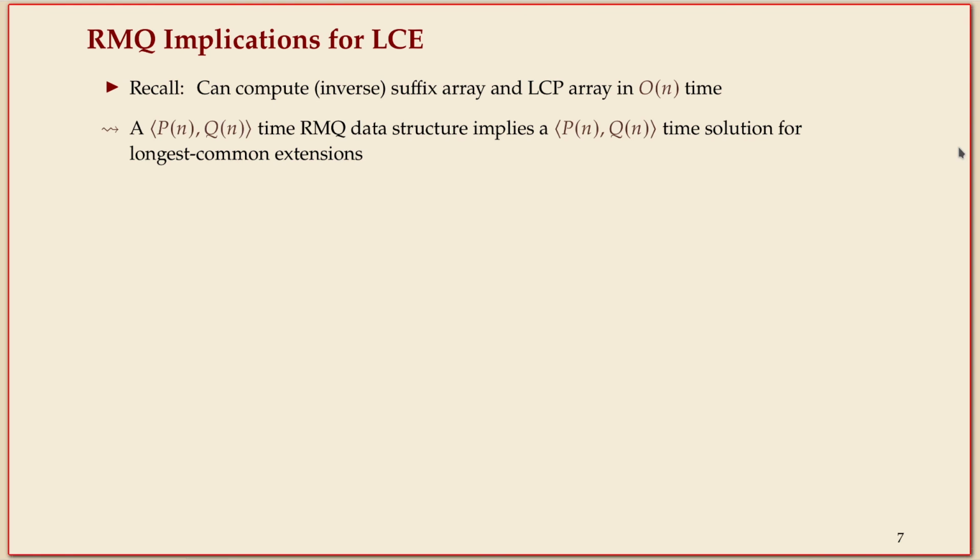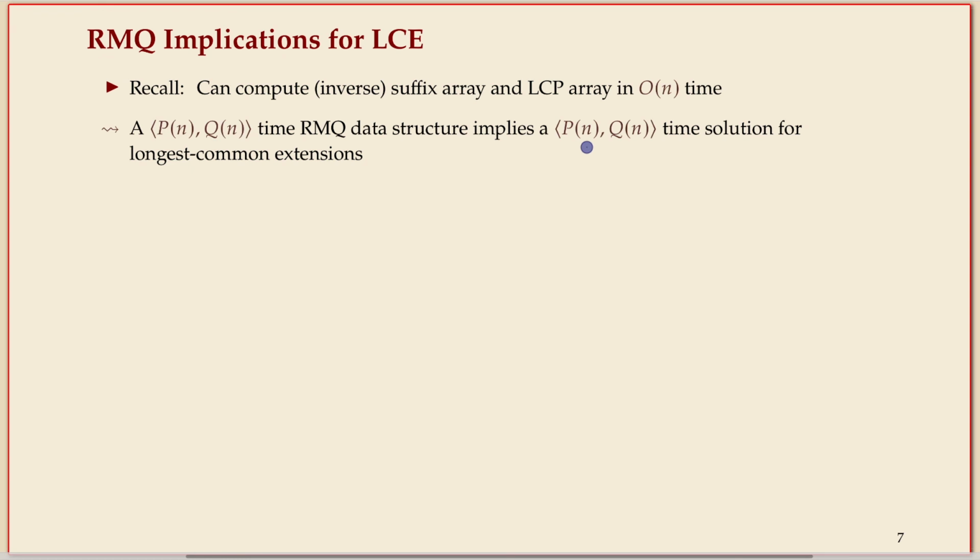So to formalize or state again what follows from this example: because we can compute the suffix array, inverse suffix array, and LCP array in linear time for a string, we can use any data structure for the RMQ problem. If that has preprocessing time P(n) and query time Q(n), we immediately obtain a data structure that has the same time bounds for the longest common extensions.